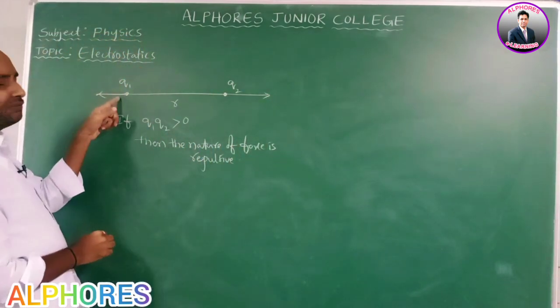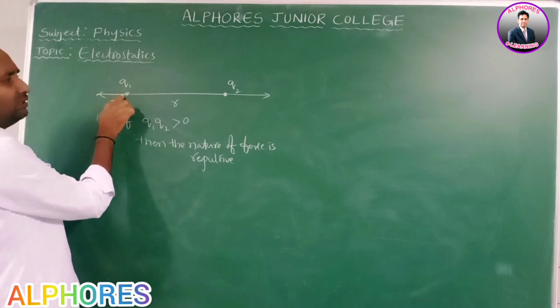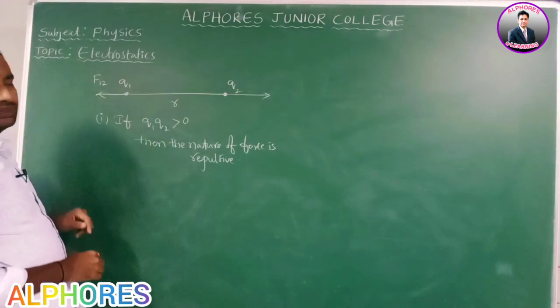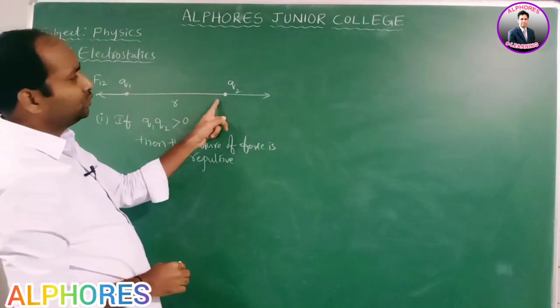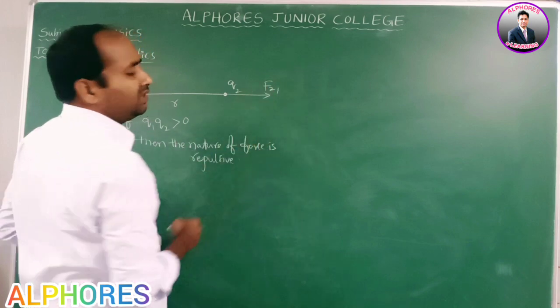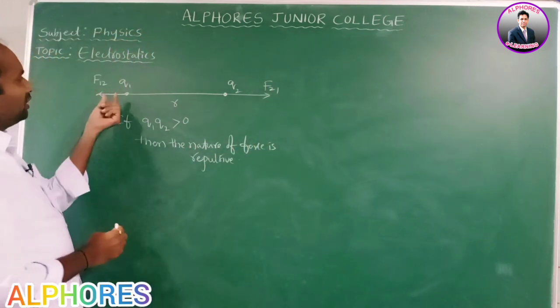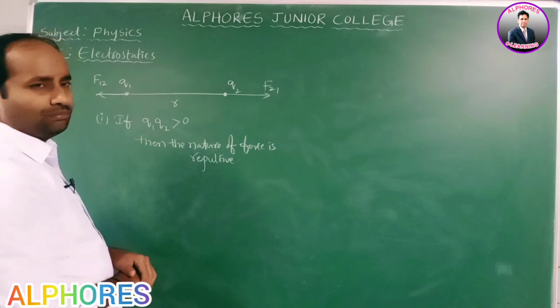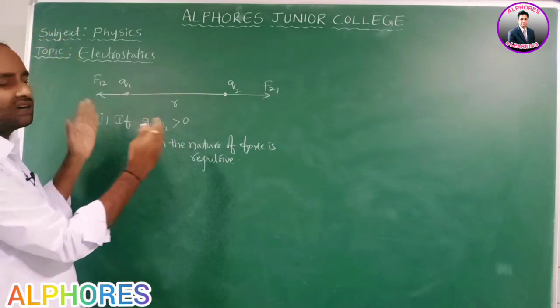Let us take the force acting on Q1 by Q2 as F12, and the force acting on Q2 by Q1 as F21. The magnitudes of F12 and F21 will be the same, but the directions are different.